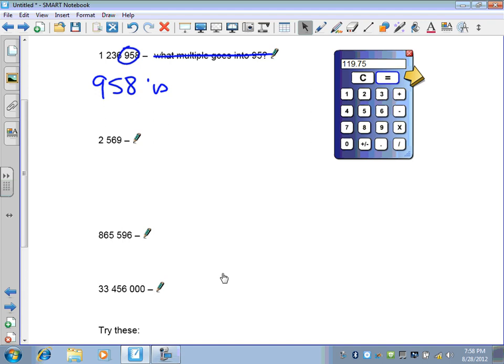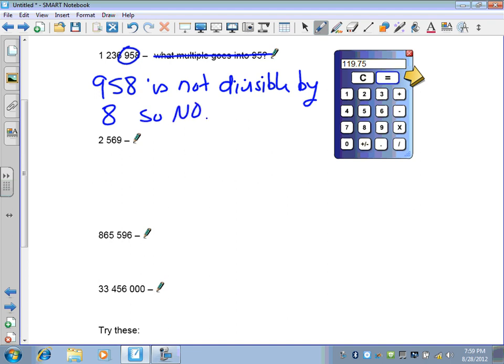It has a decimal. It does not go in evenly. Because of that, that means that 1,236,958 is not divisible. So 958 is not divisible by 8. So your answer is no.